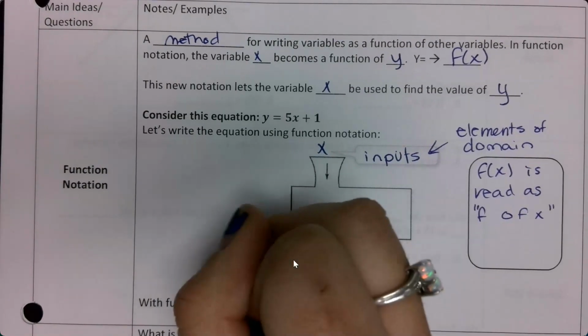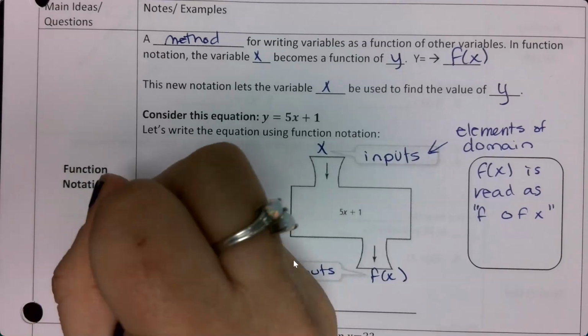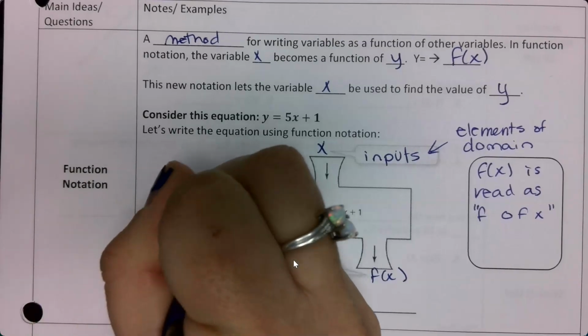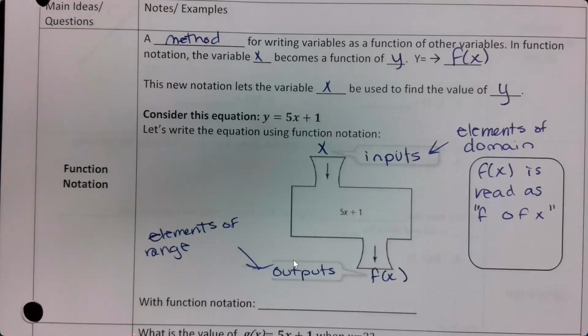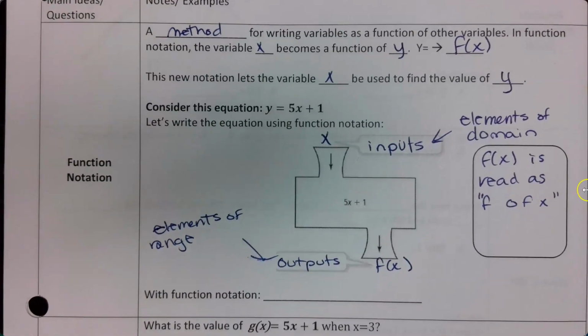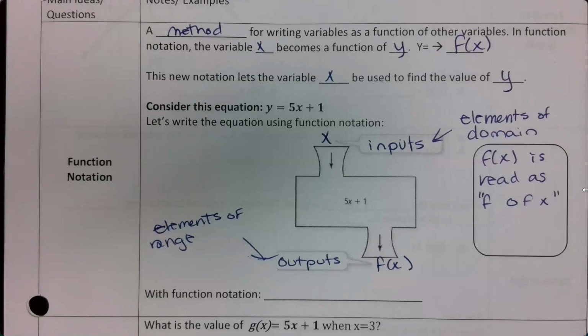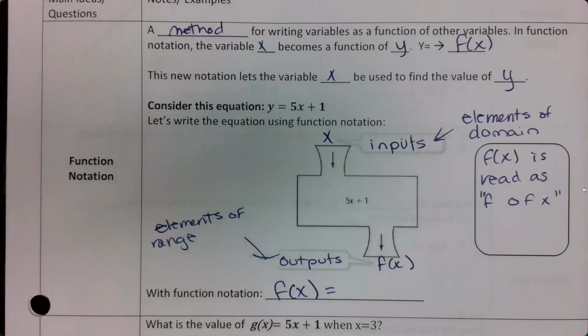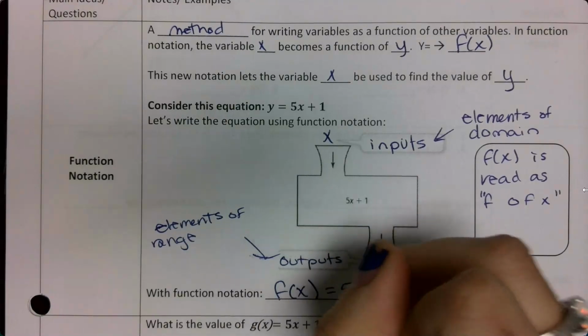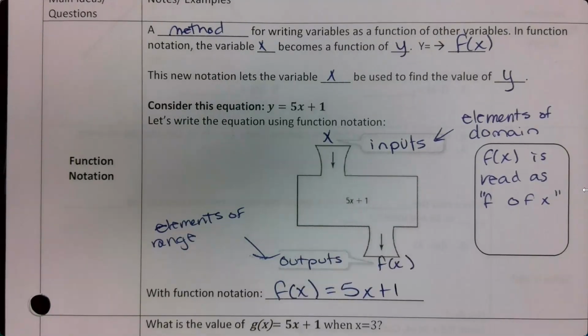And these are our range. So the way I write this with function notation is literally the y gets replaced with f of x, and then I just write the rest of the function the same. So 5x plus 1.